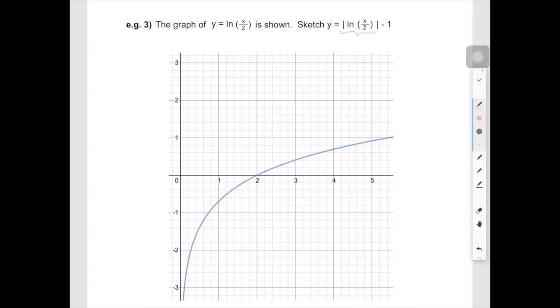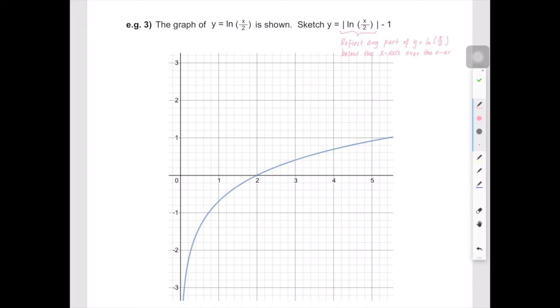So that means reflect any part of y equals ln x over 2 that is below the x-axis over the x-axis.